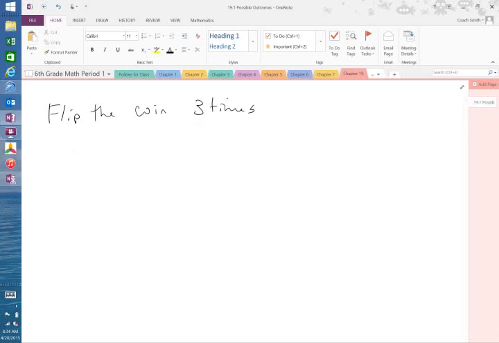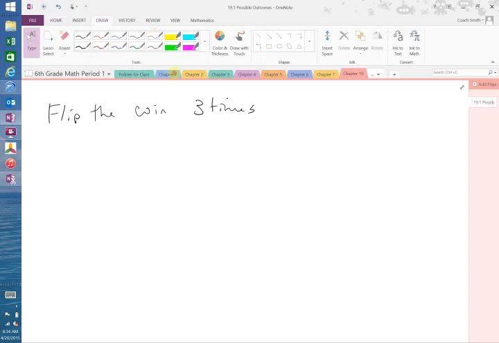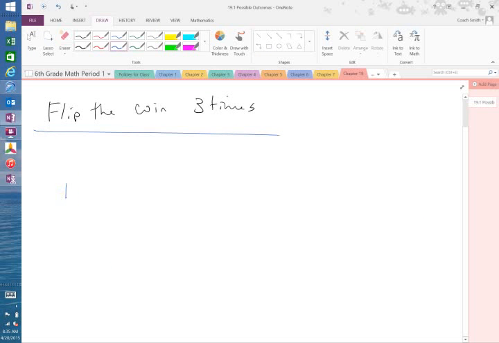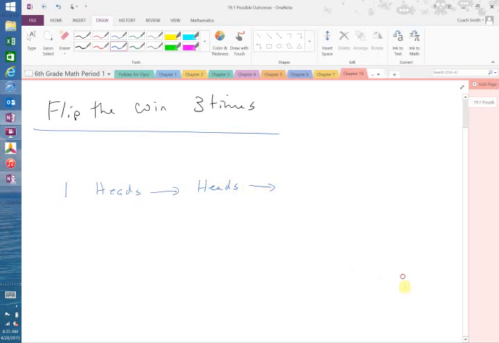So, for example, if I flip the coin 3 times, the first time you have heads, and then the second time I can have heads, and the third time I could have heads, right? Well, the second one would be I could have tails, tails, and tails.